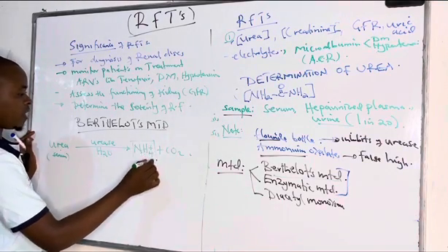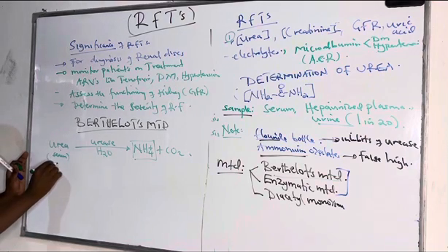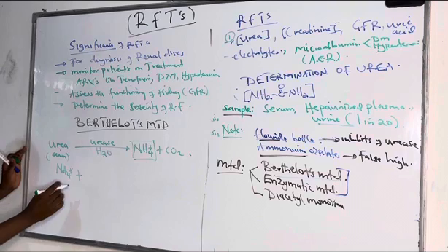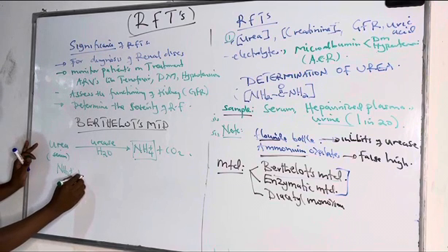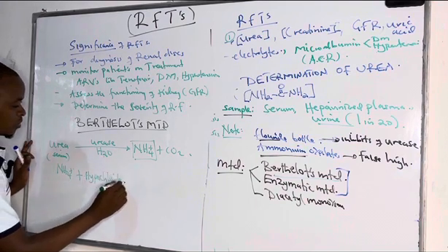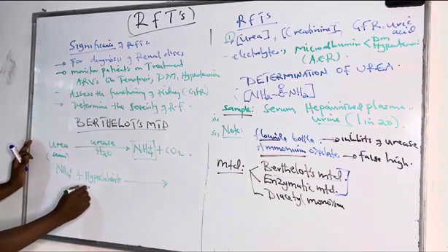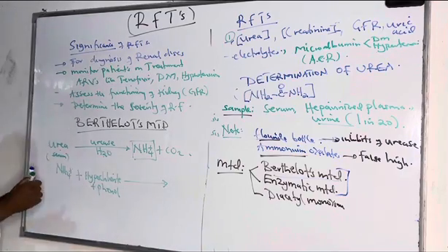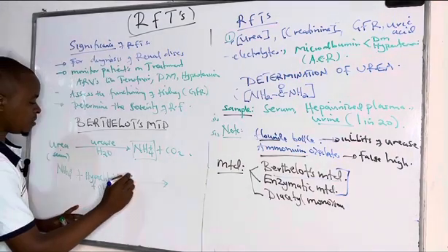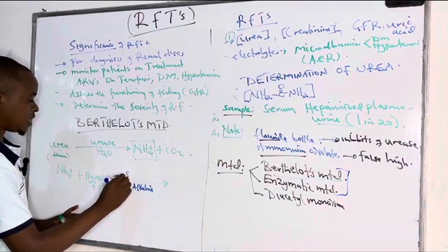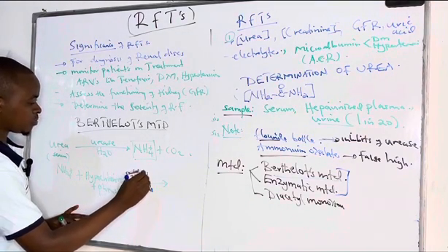But we are interested in the ammonium ions formed. They are going to react with alkaline hypochlorite, that is, hypochlorite in the presence of phenol, and the media should be alkaline, in the presence of sodium nitroprusside as a catalyst.